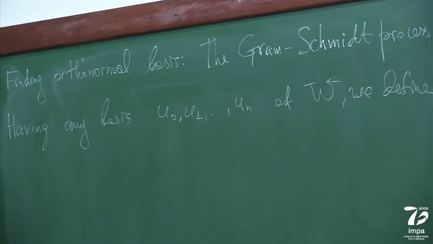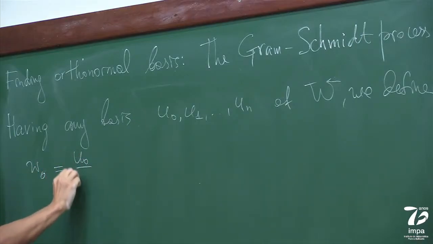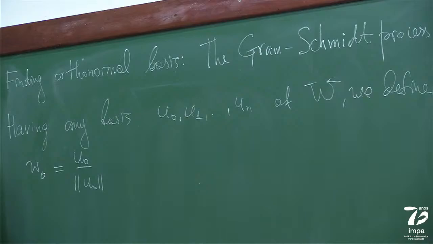What you do is you take as a first vector, it will start with 0, U0 divided by its norm. Okay.